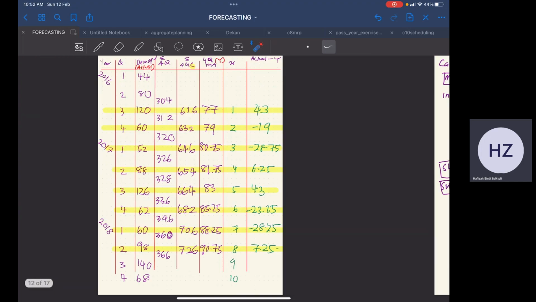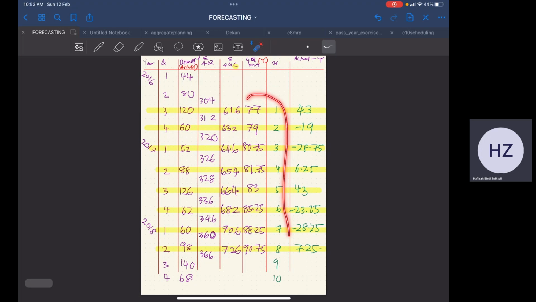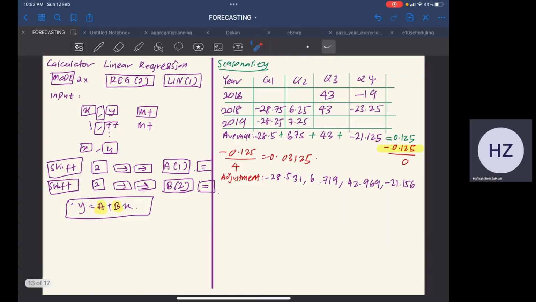Okay, so we have already keyed in all of the values here in the calculator.